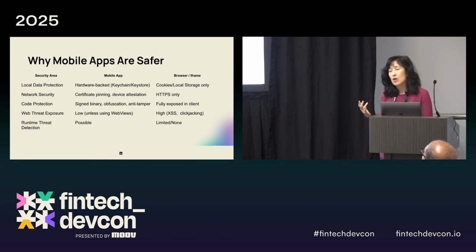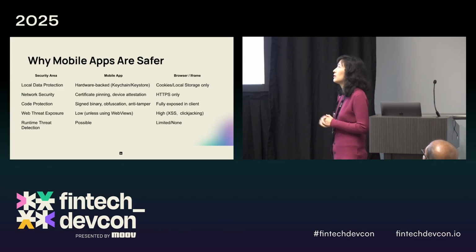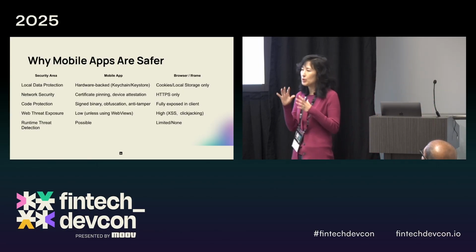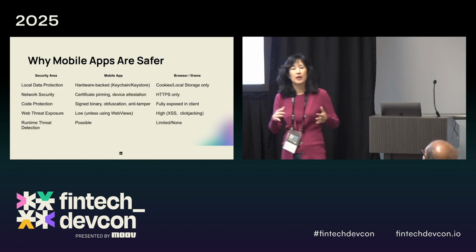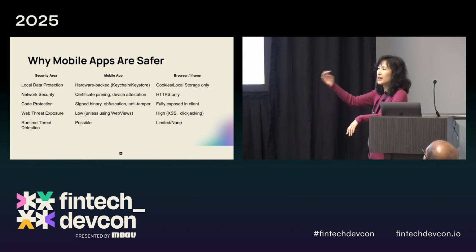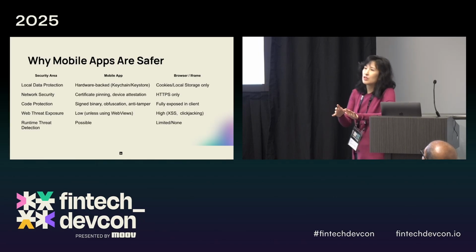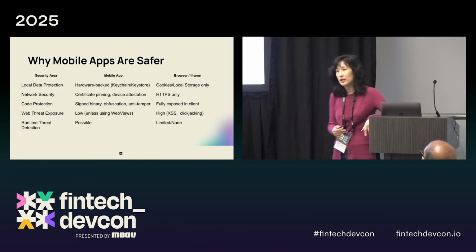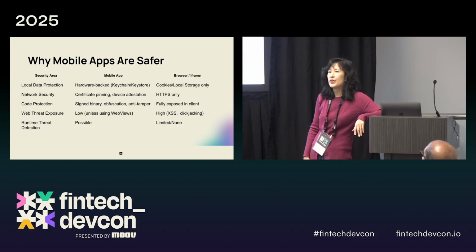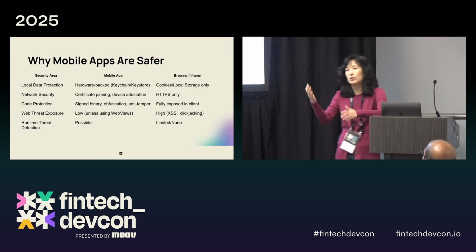In terms of runtime threats, this is a very big part of many mobile app security solutions: to protect the app at runtime from attacks coming in. A lot of the focus that I've seen in the last few years has been on shifting left, making sure that in the coding process you're having the best coding practices, and that's all important, that's good, but the reality is with AI and all these attacks that are faster to create now, there are more runtime attacks, and the apps and basically everything are vulnerable to these runtime attacks.